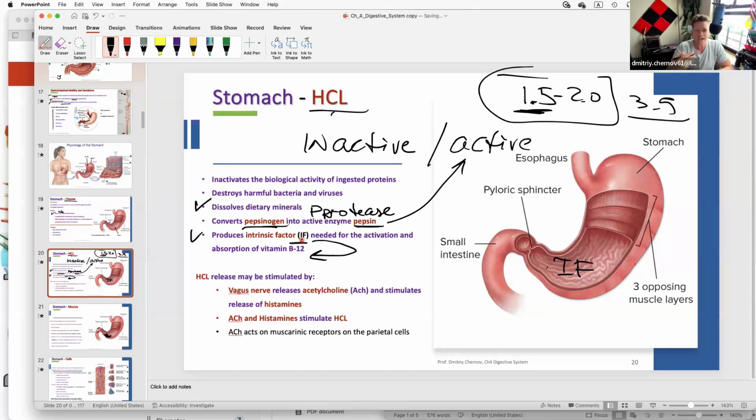And if it's not activated, it cannot properly act on the B12, so we can absorb B12. I'm going to jump ahead: B12 we need to prevent anemia. So those people that are on proton pump inhibitors that decrease acidity might have trouble absorbing vitamin B12.